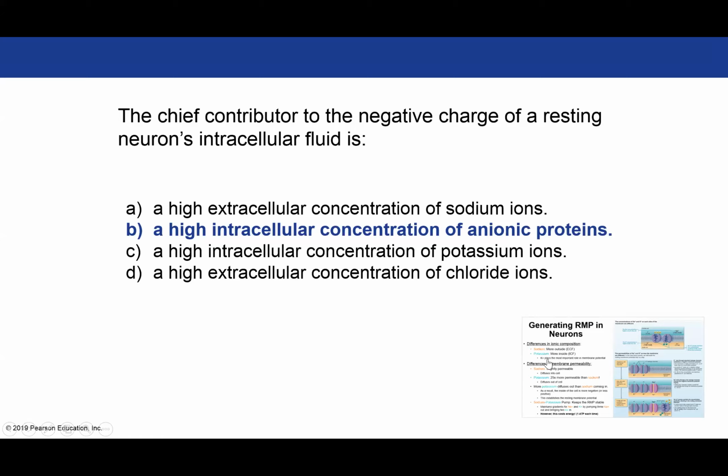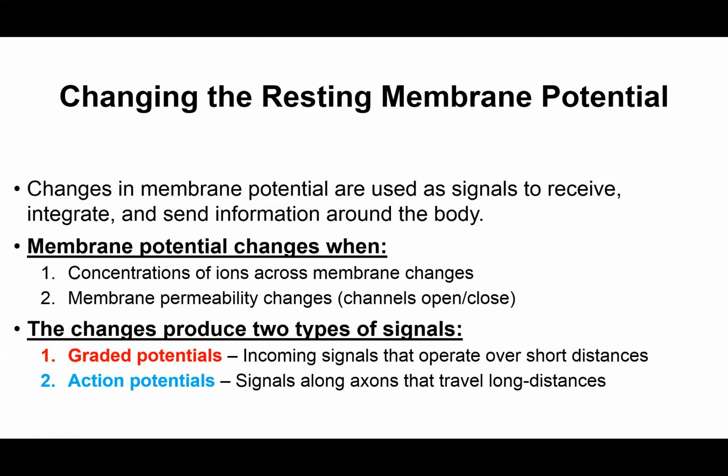So now that we know what a resting membrane potential is, we need to understand how we can change that resting membrane potential, because changes in the membrane potential are used as signals to receive, integrate, and send information around the body. So this is functionally how neurons are transmitting information around the body.